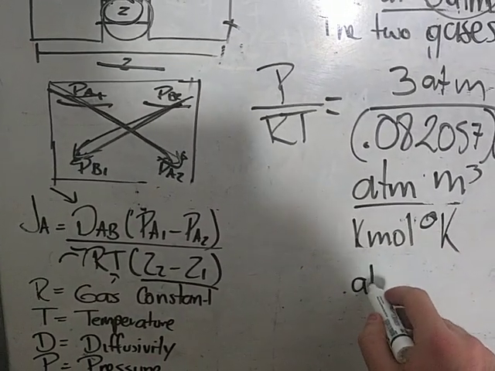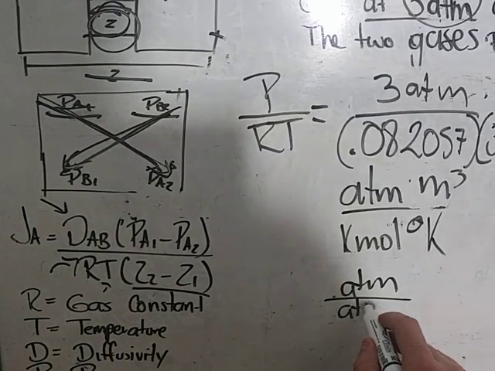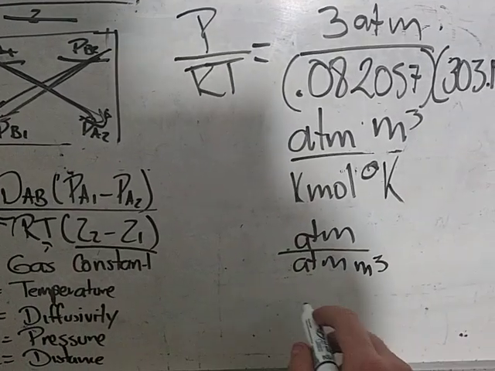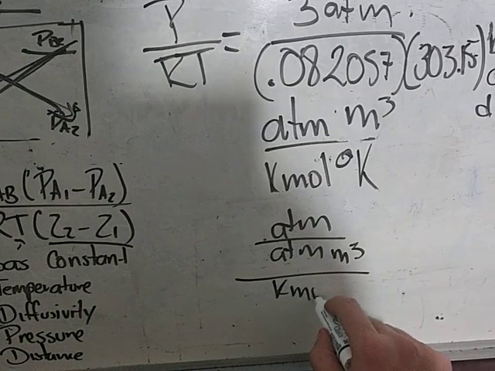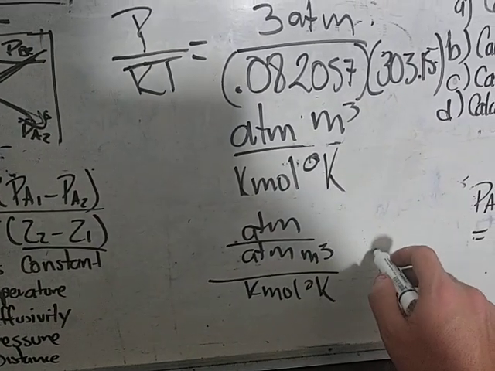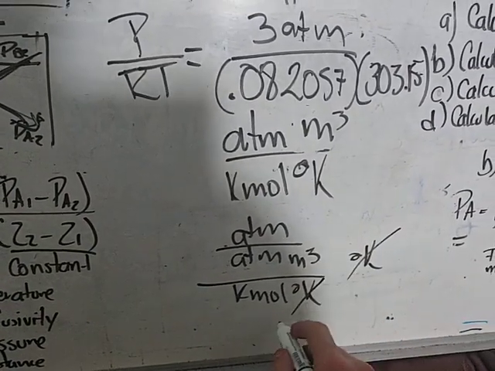So I have atmospheres, cubic meter, kilomole, and Kelvin. And in this case, I have Kelvin.